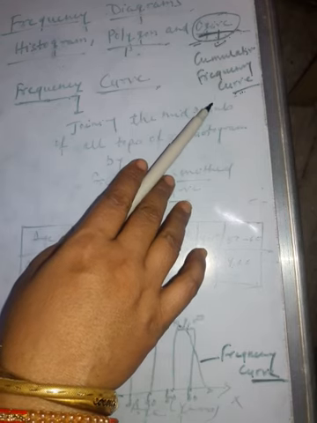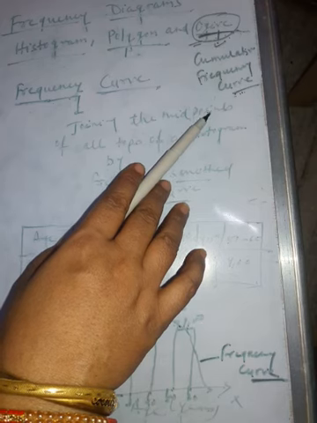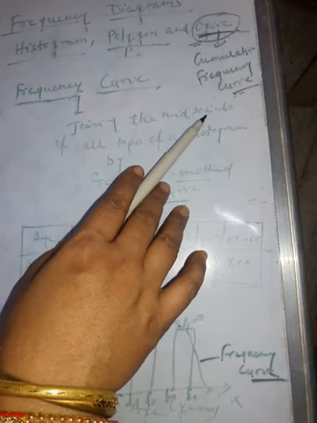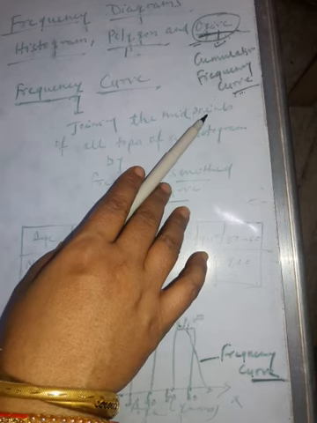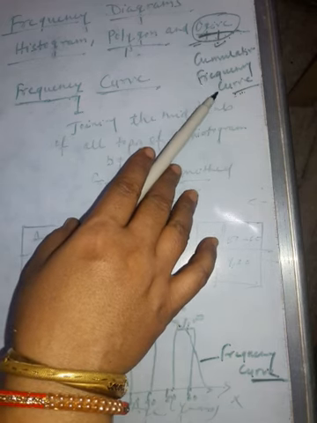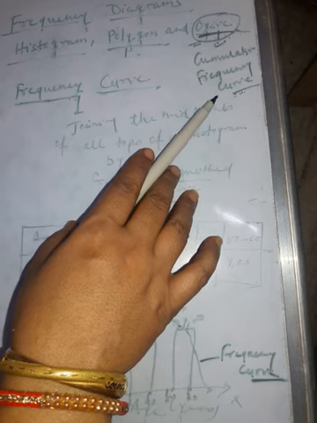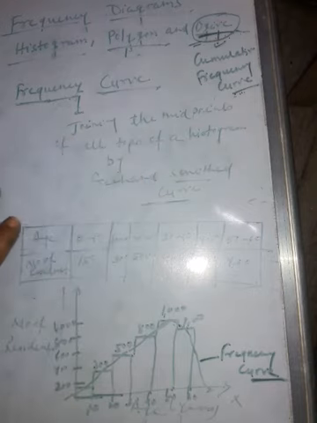On the other hand, in case of more than ogive, frequencies are added starting from the lower limit of the first class interval of the frequency distribution. Accordingly, in case of less than ogive, the cumulative total tends to increase, and in case of more than ogive, the cumulative total tends to decrease. That in detail I will discuss in my next video.